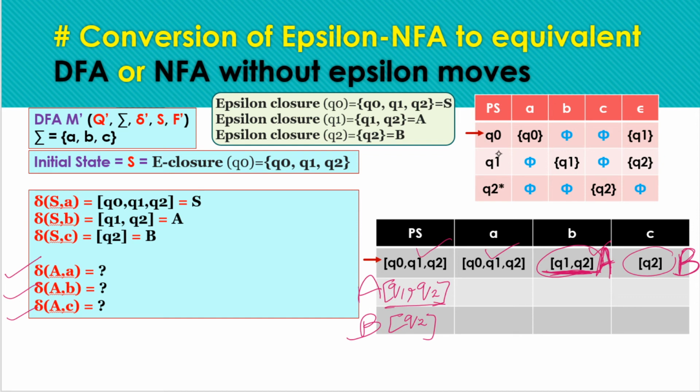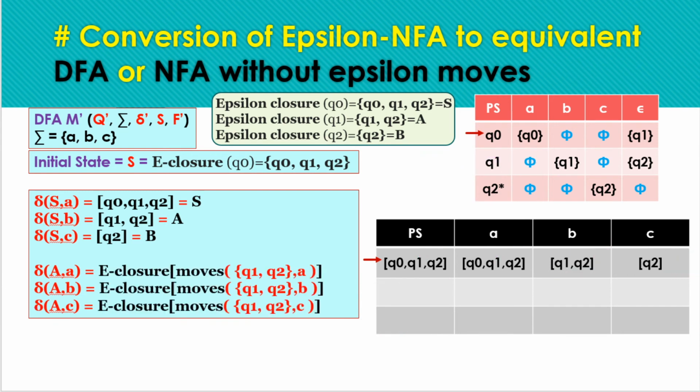Now A is Q1 and Q2. For input symbol A, we can directly check in the table, as we have no moves, neither from Q1 nor from Q2. So we will have a null. Okay, so we can write all the transitions for all input symbols at the same time.